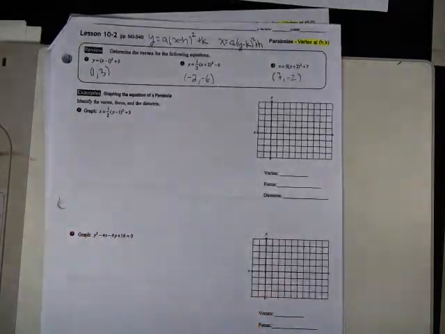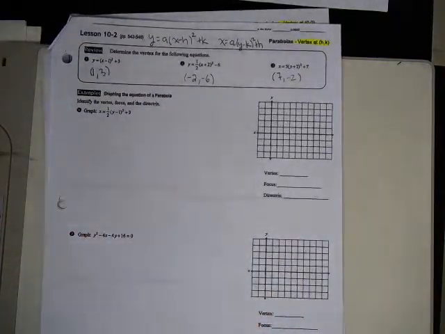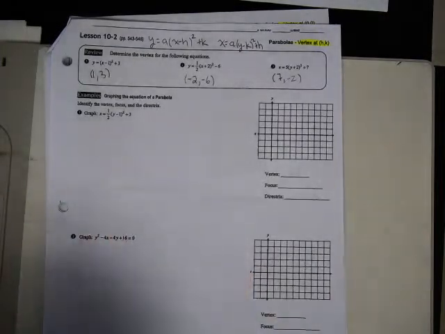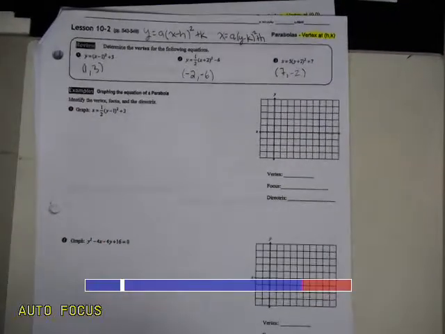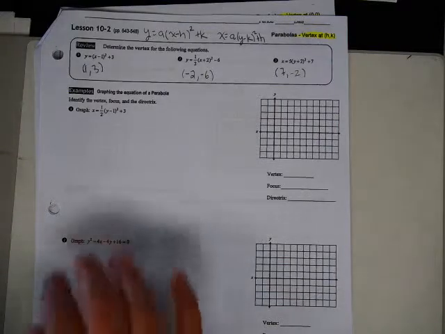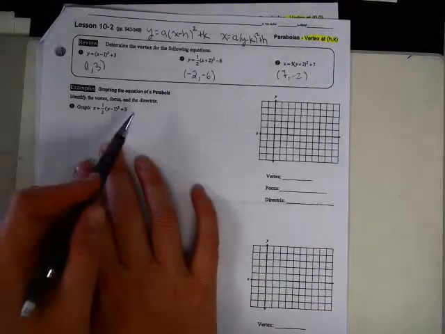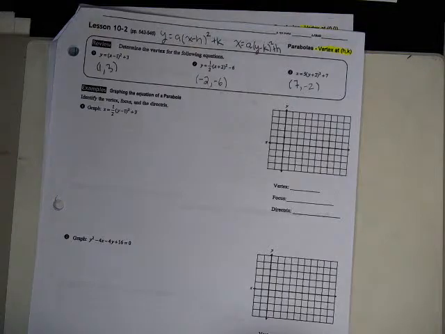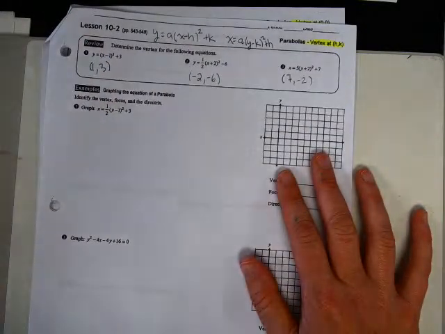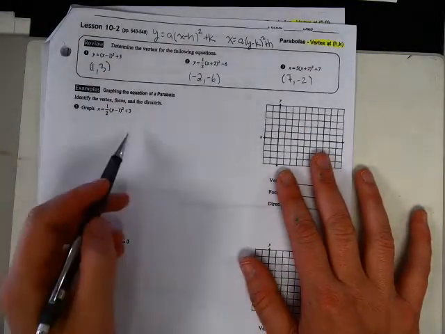So for the first example, we're going to graph this parabola and identify the vertex, focus, and directrix. Now I see that for this problem, it's already in the vertex form. That makes it nice. So let me look at everything I know here.